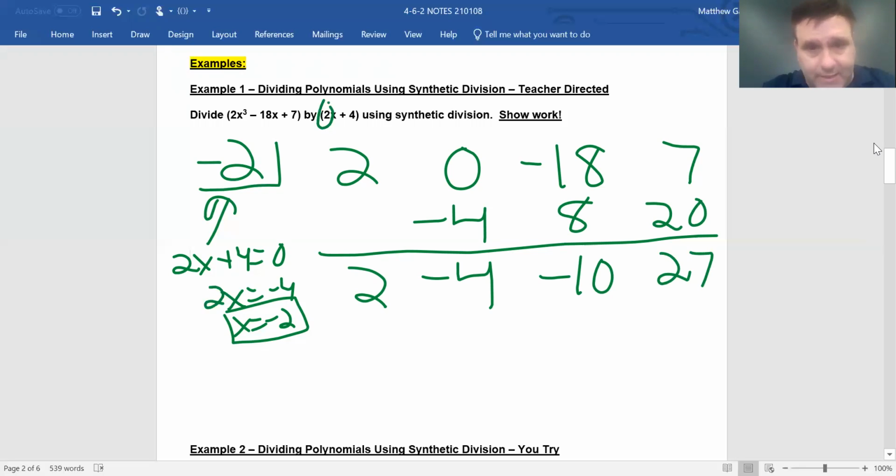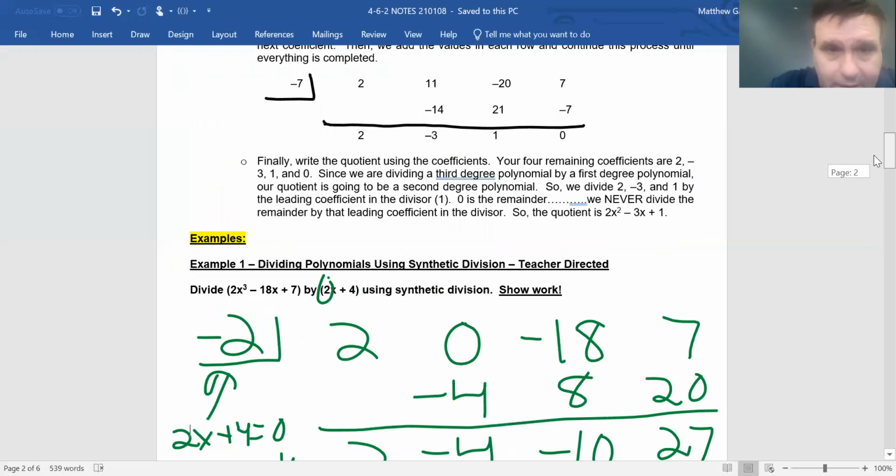But I'm going to point out the very important rule here. Write the quotient using the coefficients. Your 3 remaining coefficients, this is from the example we did yesterday. You always want to divide those coefficients by the leading coefficient of the divisor, which yesterday was 1, but in today's first example, it's 2. And again, we never divide the remainder by that leading coefficient. You always want to leave the remainder alone.